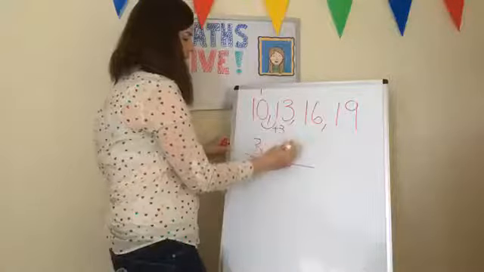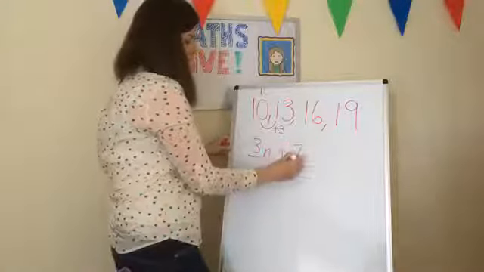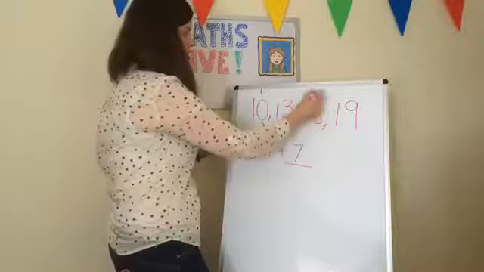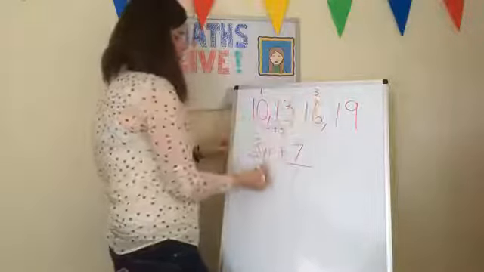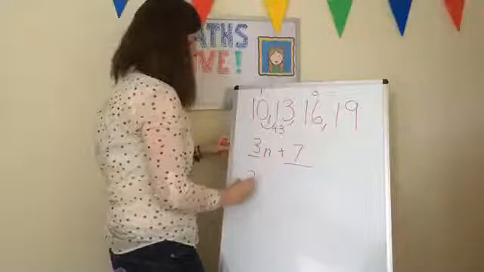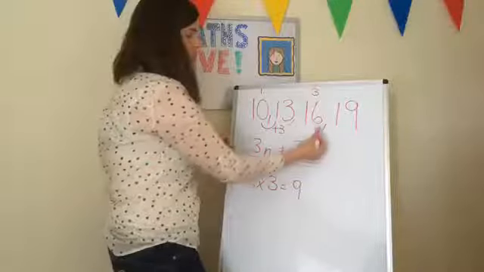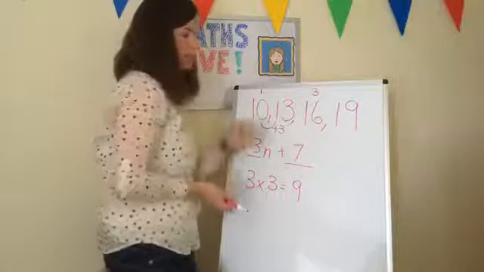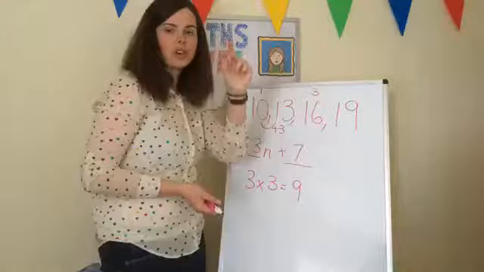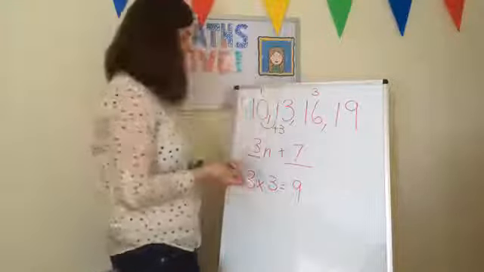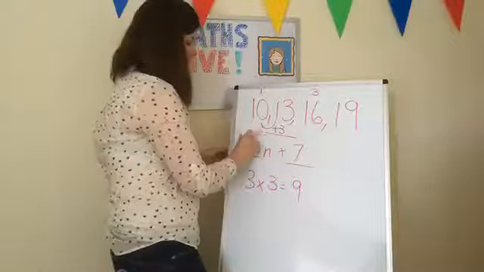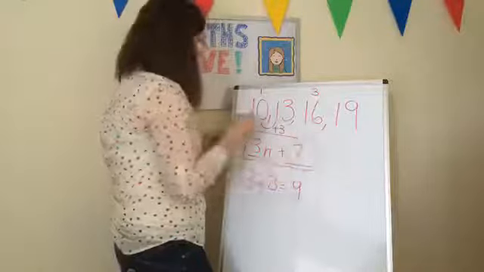To get 10, we need to add 7. Let's check it with the third term. So if we replace n with 3, that'll be 3 times 3, which is 9, but we need to get up to 16. It's 9, 10, 11, 12, 13, 14, 15, 16. So the formula is 3n plus 7.